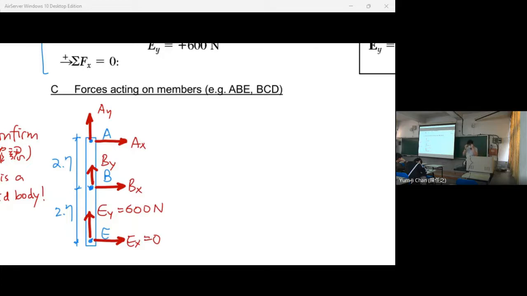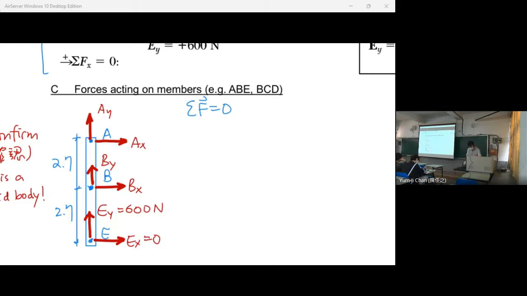Now, how many equations can we write from here? Summation F equal to 0, right? So how many equations can we write? As usual, we have 3 equations.